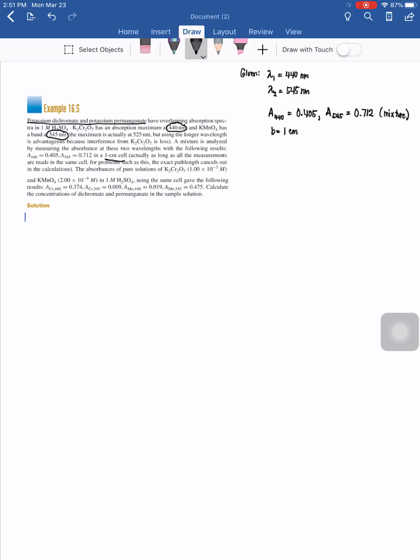Now we were given additional values as well, additional values of absorbances listed here at the bottom. Let's also summarize those. What the first two sets of values mean is that for the dichromate alone, when measured at 440 nanometers, without the presence of permanganate, its absorbance is just 0.374.